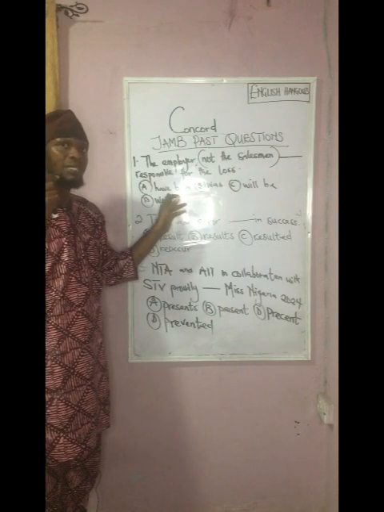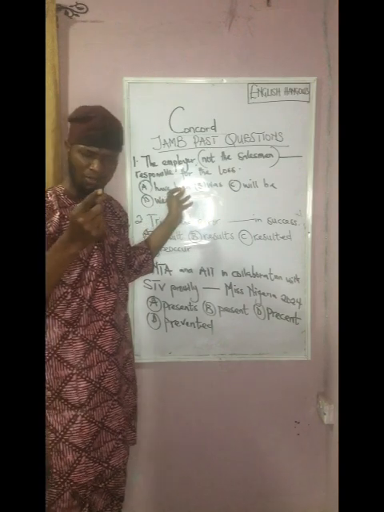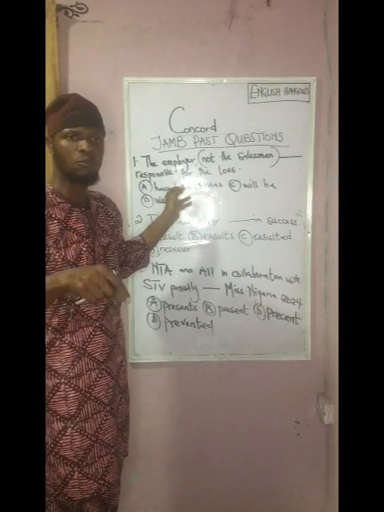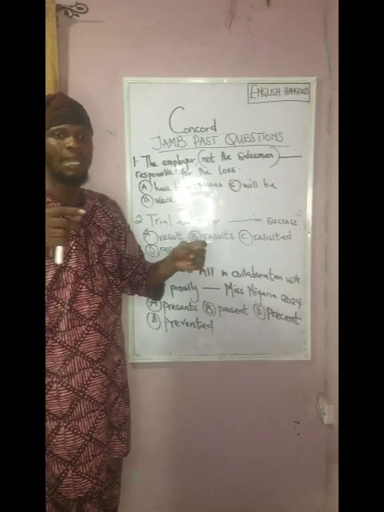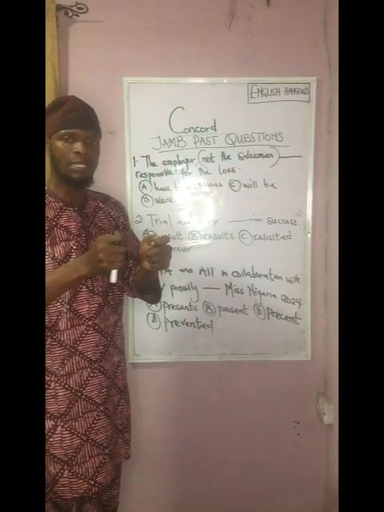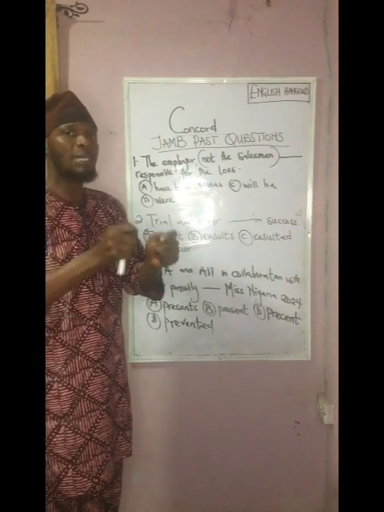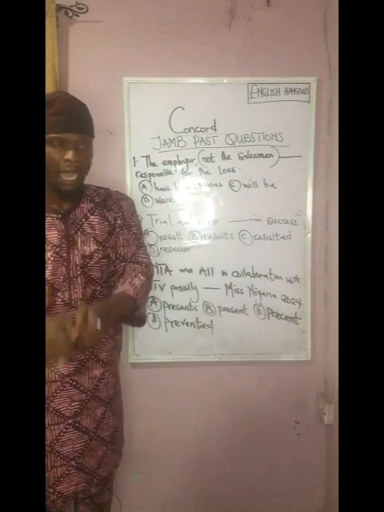If you remember the last time in my previous class, I think my first class on this platform, we looked at as, have, and had, and I said as is the singular form, have is the plural form, had is the past tense of both as and have.